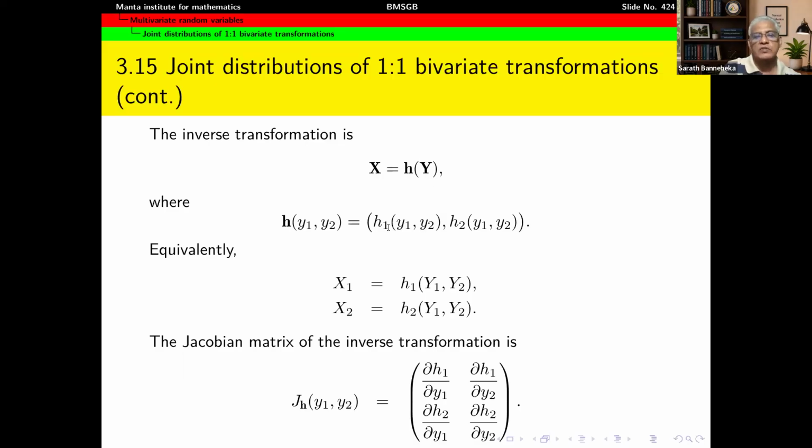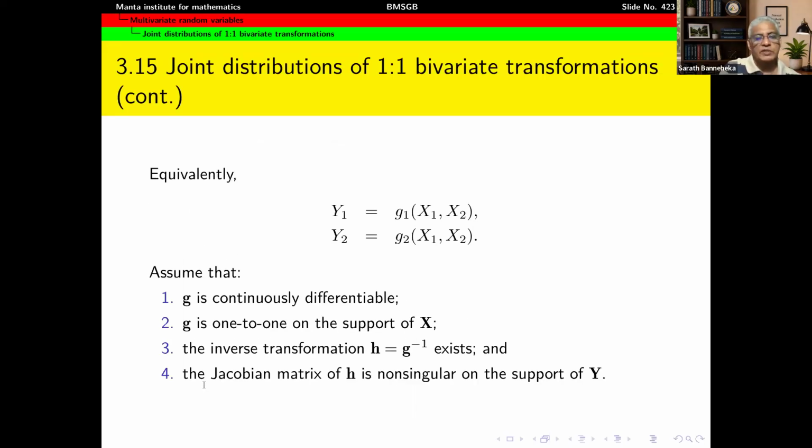There are again two functions: h1 of y1, y2, that will be x1, and h2 of y1, y2, that will be x2. So this y1, y2 is transformed into x1, x2 by this H. So in terms of random variables, x1 is equal to h1 of y1, y2, and x2 is equal to h2 of y1, y2.